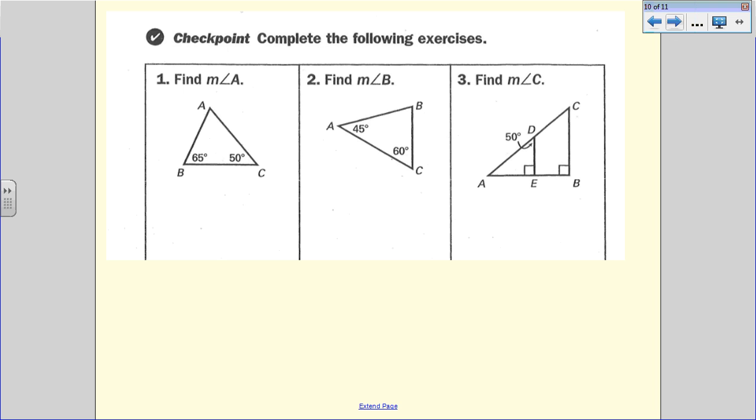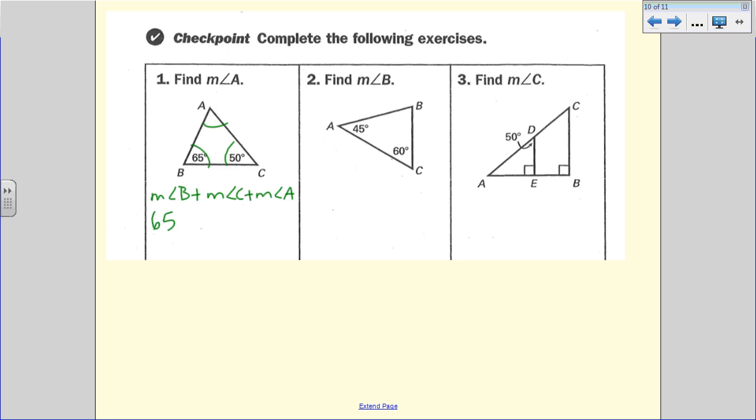All right, our checkpoint, complete the following exercises. Find the measure of angle A. So if we take a look at this, these are all interior angles. So that means the measure of angle B plus the measure of angle C plus the measure of angle A has to add up to 180.